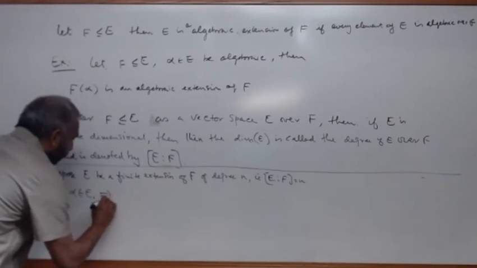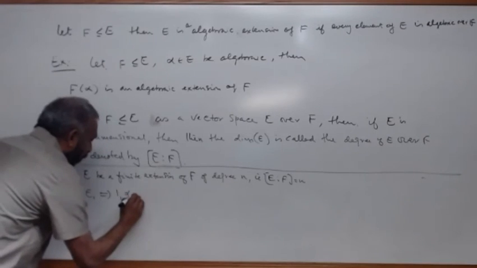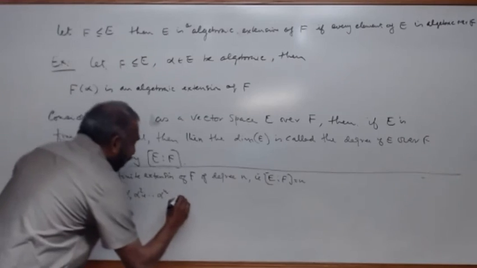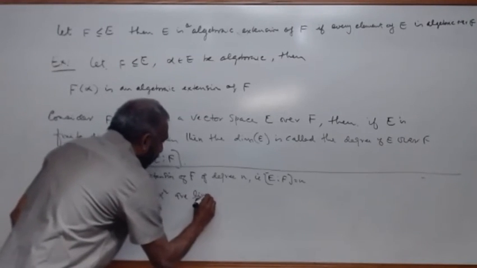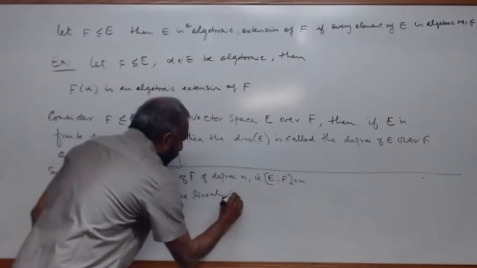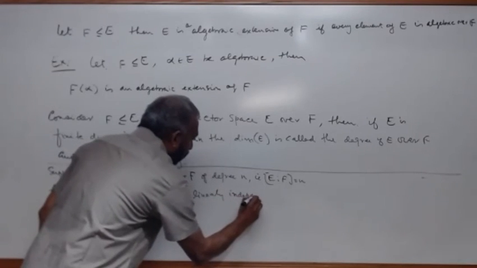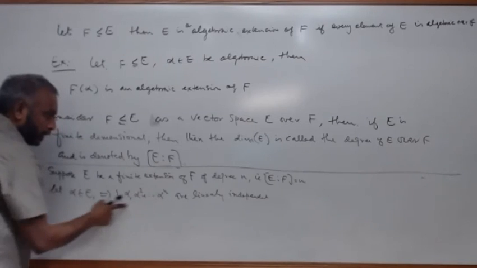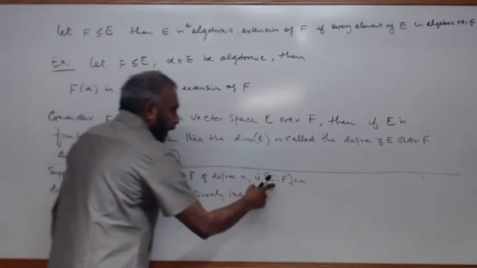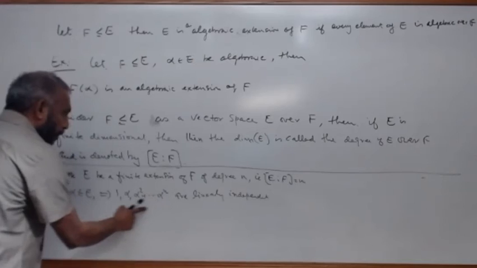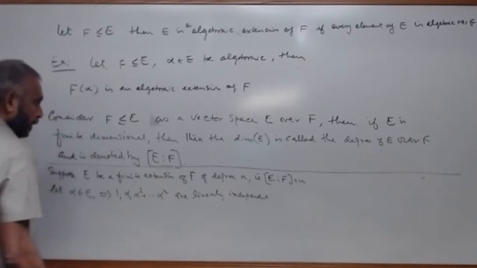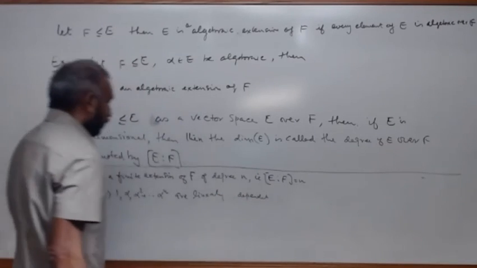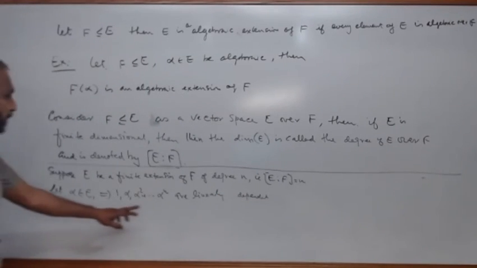This implies 1, alpha, alpha square, up to alpha to the power n are linearly dependent, because there are n plus 1 elements here. The dimension is only n, so they have to be linearly dependent.